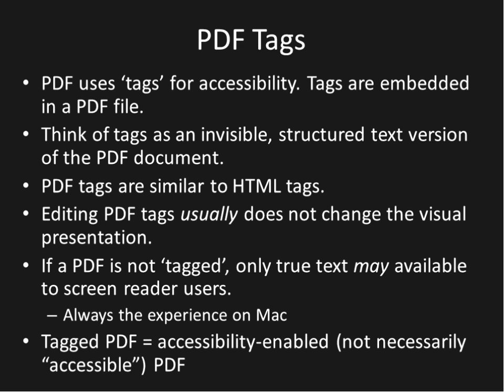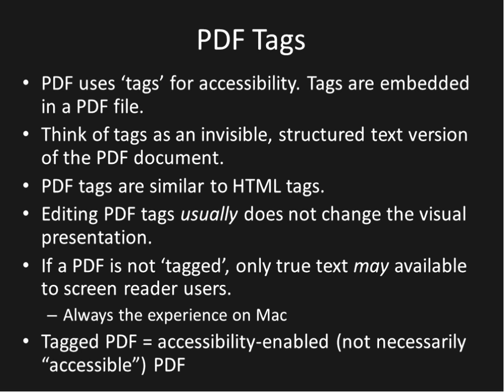Now, because you really have two versions of that document, the visual version and the tags version, you can edit those independently. What that means is that editing the PDF tags usually will not change the visual presentation. You need to be a little careful with this because you can end up with two versions of the document all saved in one PDF file that can be very different.